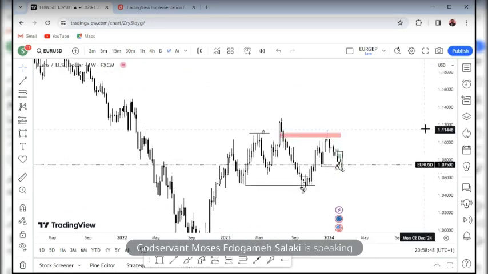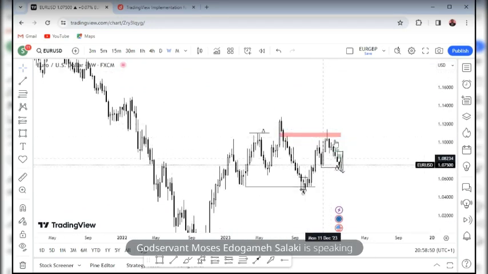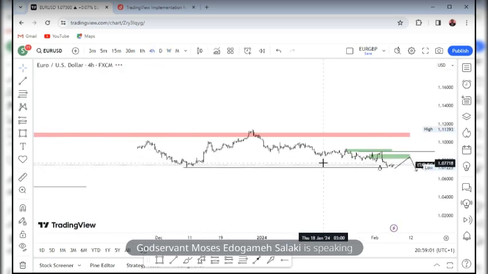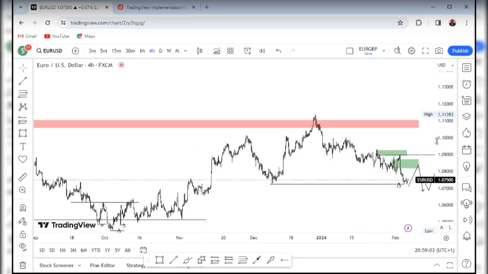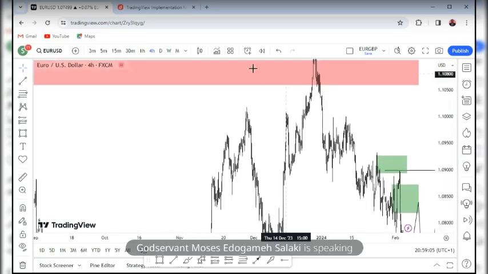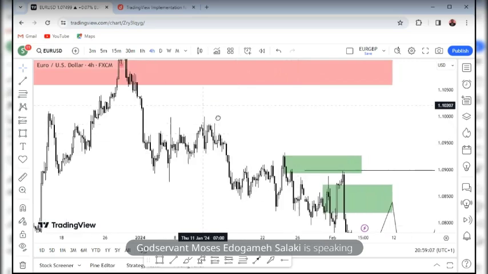So if we go to the 4 hours, we should see that break of structure here when price came to the fair value gap to further strengthen our bias. All right, so let's head to the 4 hours. Let's see, that's the fair value gap there.